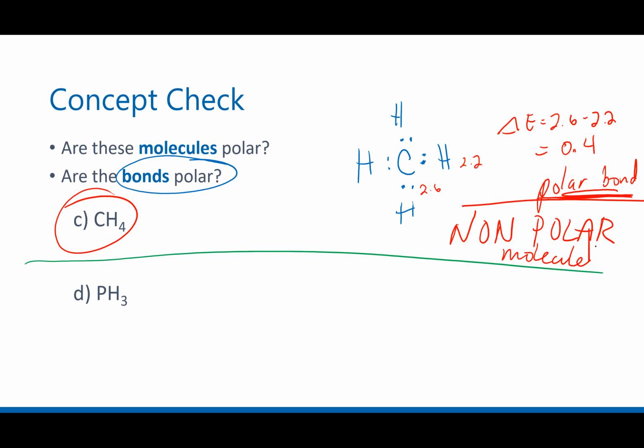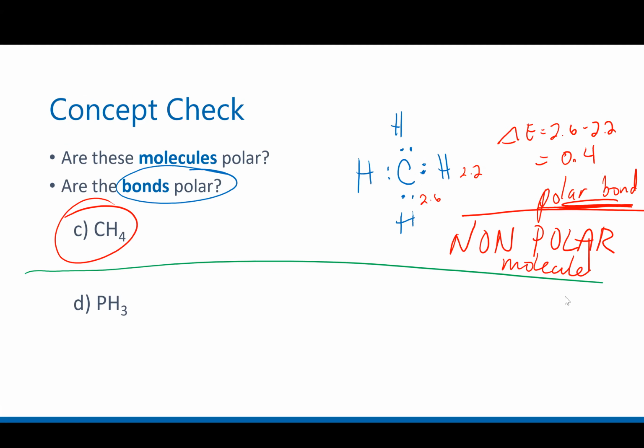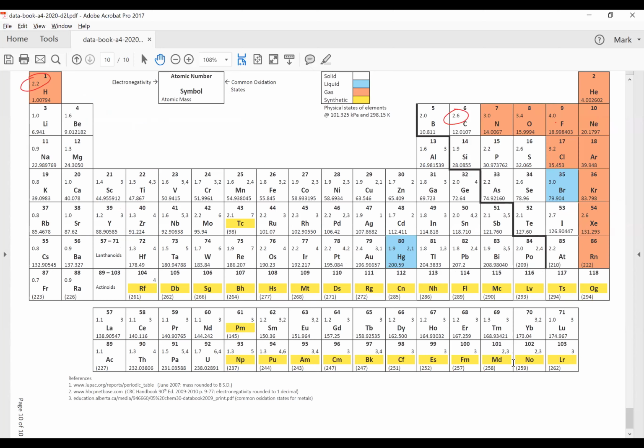All right, let's look at PH3. So let me go back to my periodic table here. So P is 2.2 and H is 2.2. So this is going to be interesting because they have the exact same electronegativities.